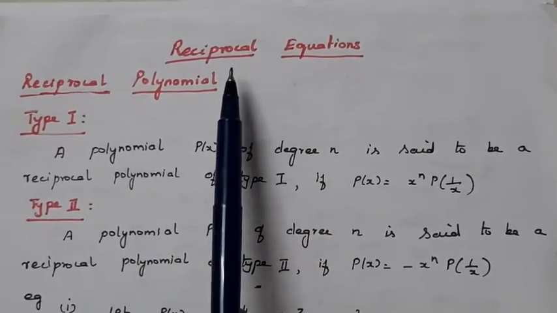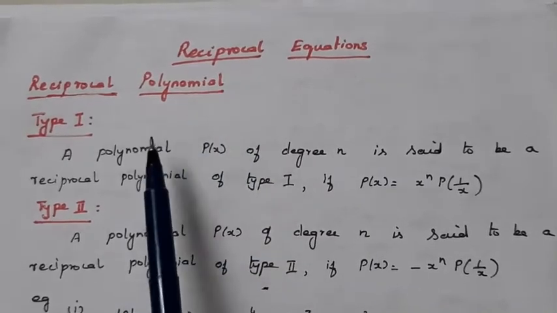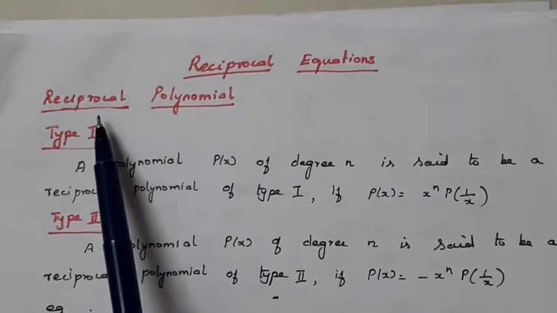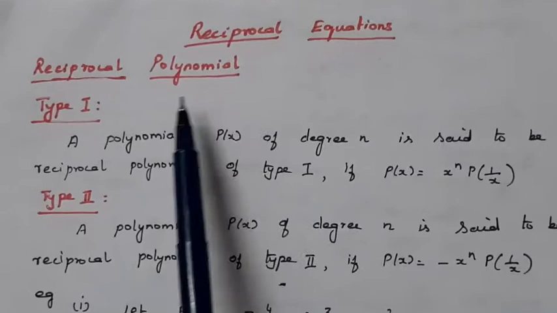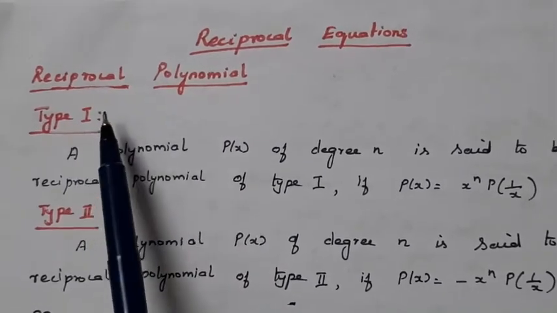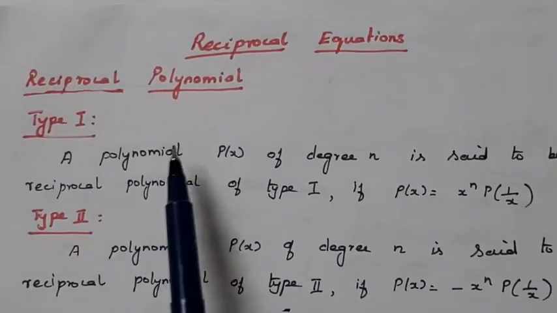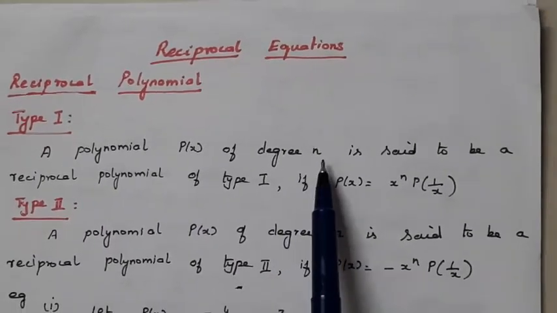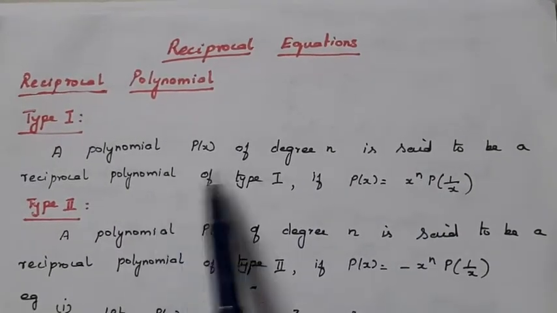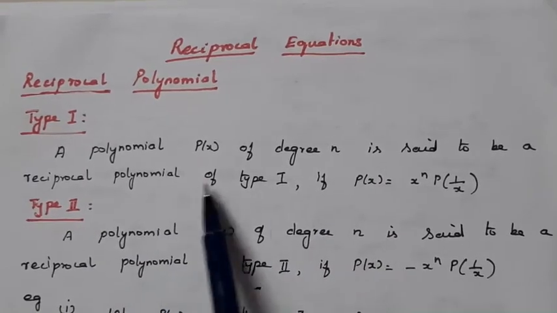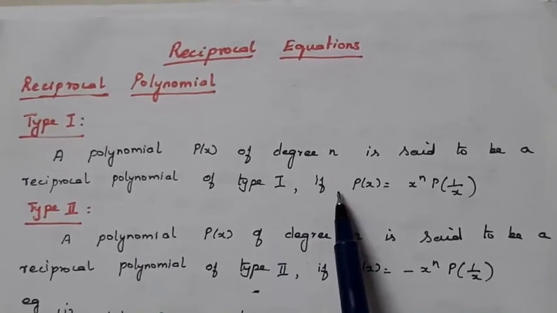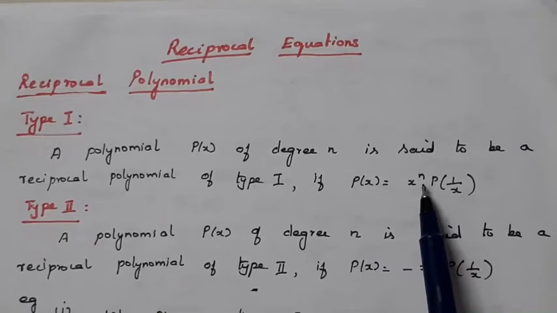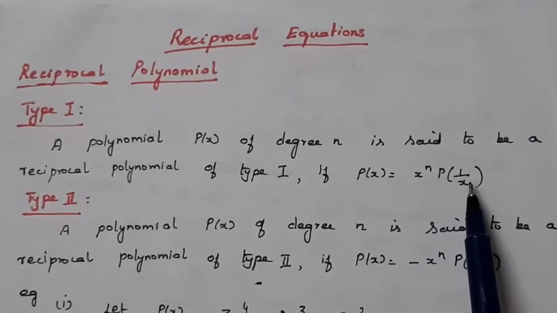Before seeing the definition of a reciprocal equation, let us see what is the meaning of a reciprocal polynomial. There are two types. A polynomial p of x of degree n is said to be a reciprocal polynomial of type 1 if p of x is equal to x power n into p of 1 by x.